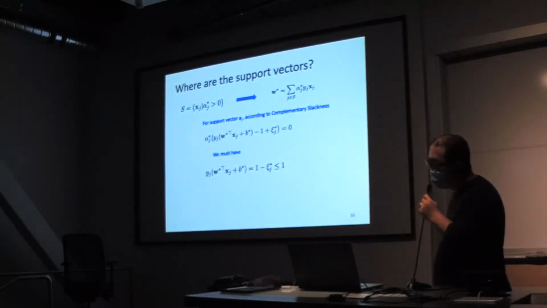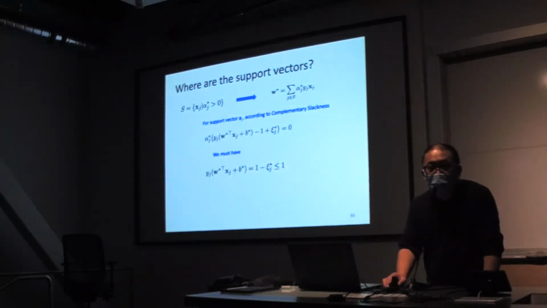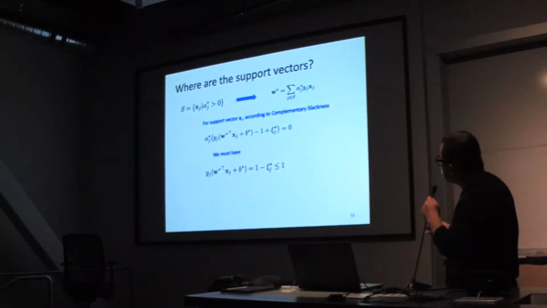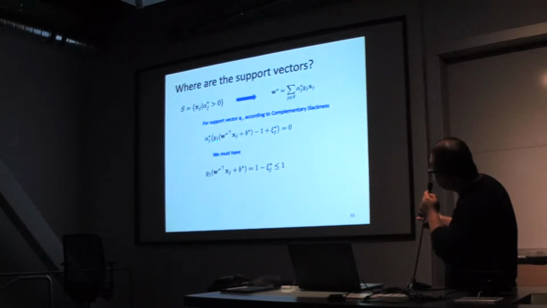So where do these support vectors live? What are their positions? To answer this question, we need to use the KKT conditions again, namely the complementary slackness. According to complementary slackness, for every example j, we have this alpha j star, the Lagrange multiplier, multiplying the constraint function, equal to 0, right?